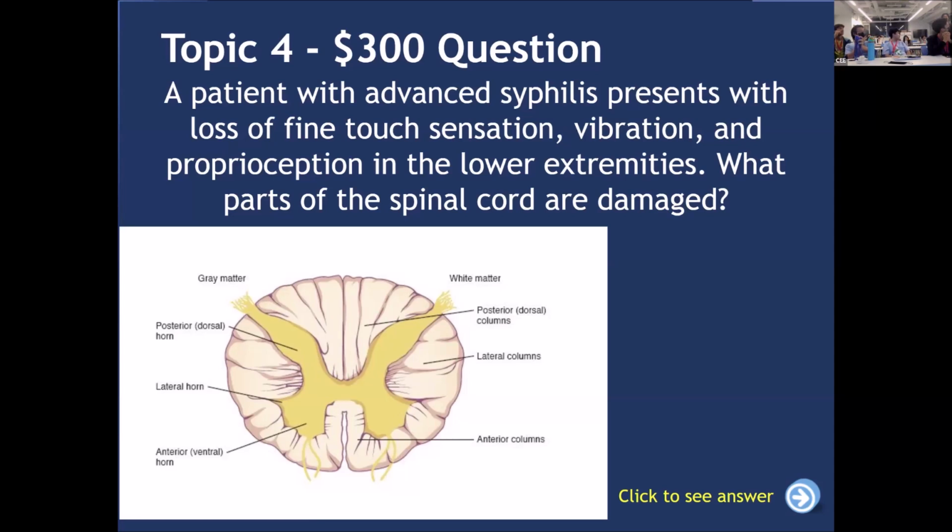Bill, join us. For advanced syphilis, it's the dorsal one, right? Arjun loves syphilis. It should be the dorsal one, right, if it's in the lower? The dorsal one goes down.